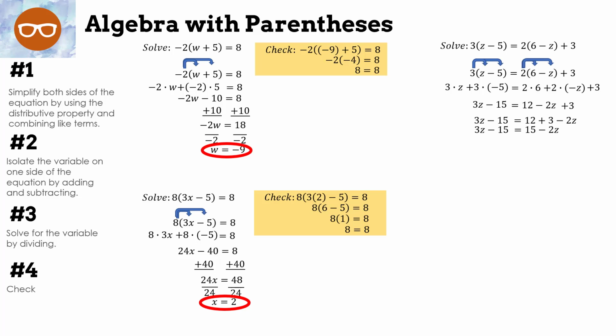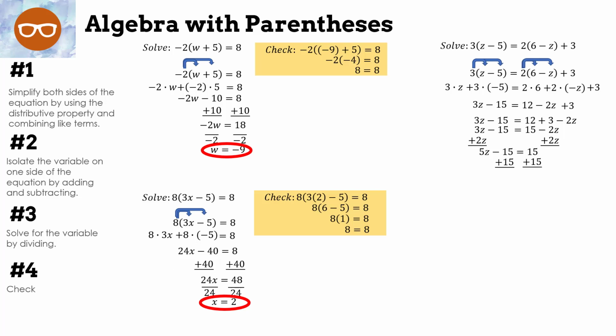Now we need to get all of the z's on one side and all of the numbers on the other side. I like to put the z's on the left side, so I'm going to add 2z to both sides of the equal sign. This gives us 5z minus 15 equals 15. Now I want 5z to stay there, so the opposite of subtracting 15 is adding 15.